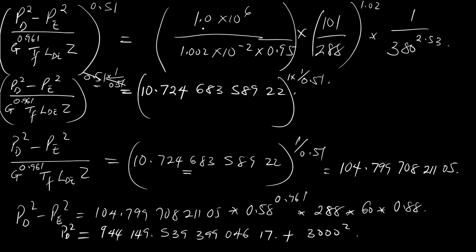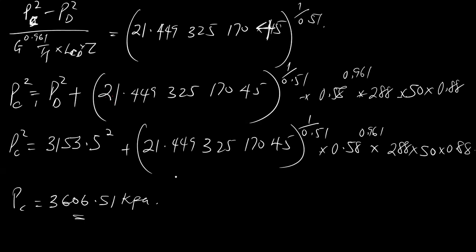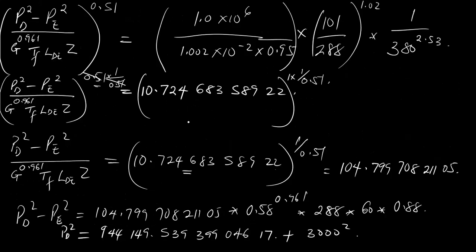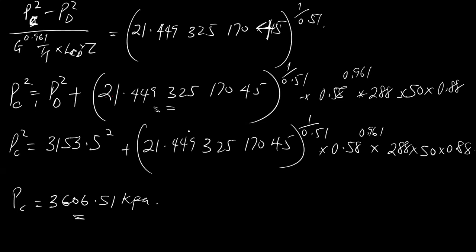For the flow rate of 1 times 10 raised to the power 6, you have 10.73 this. So for 2, if we multiply this value by 2, we will have the same expression, this 21 point.